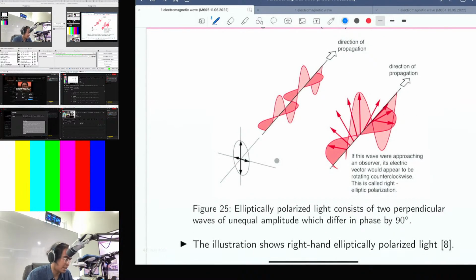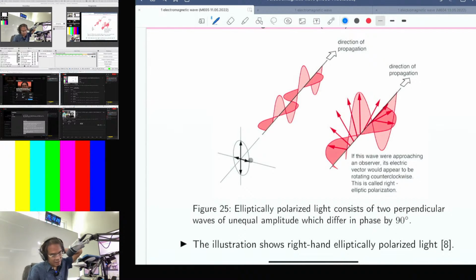Let's talk about the last case. Of course, the electric field would still have two components. The first component lies on the horizontal plane, and that's why we have fluctuation along this arrow, going up and going down.